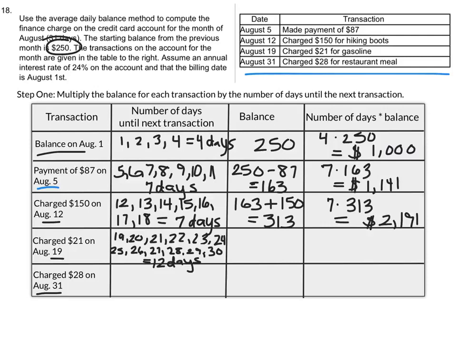So I had a balance of $313, and since I charged $21, I'm going to add 21. 313 plus 21 is 334. Now I'll multiply 12 times 334. And I get a value of $4,008.